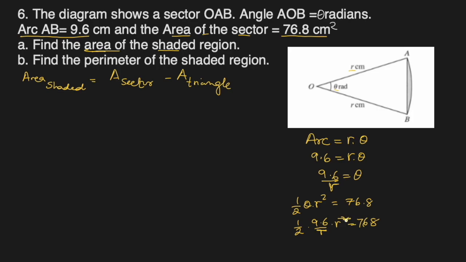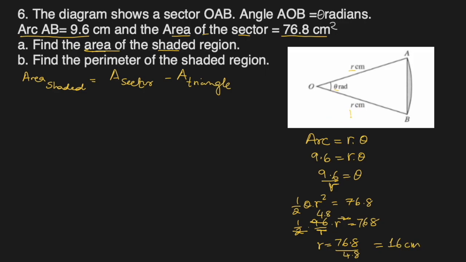I'll cancel one r with another r, and this 2 with 9.6. It becomes 4.8 r equal to 76.8, so r equals 76.8 divided by 4.8, which comes out to be 16 centimeters.